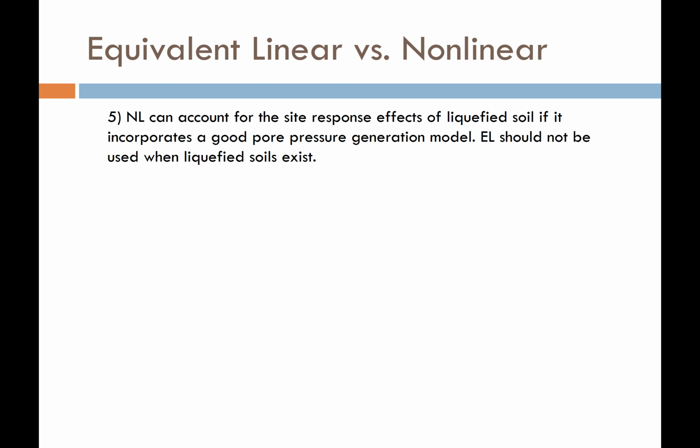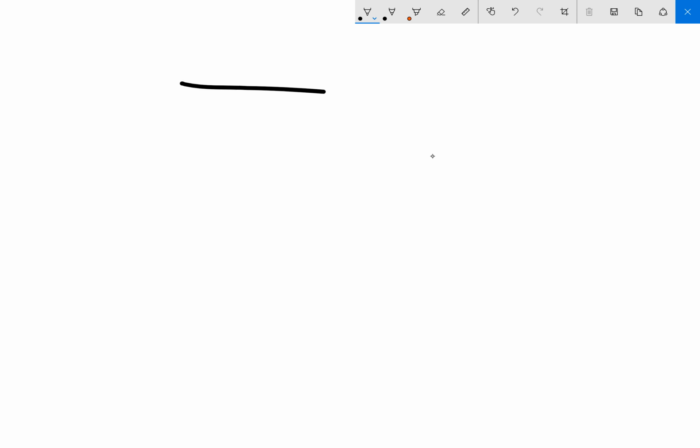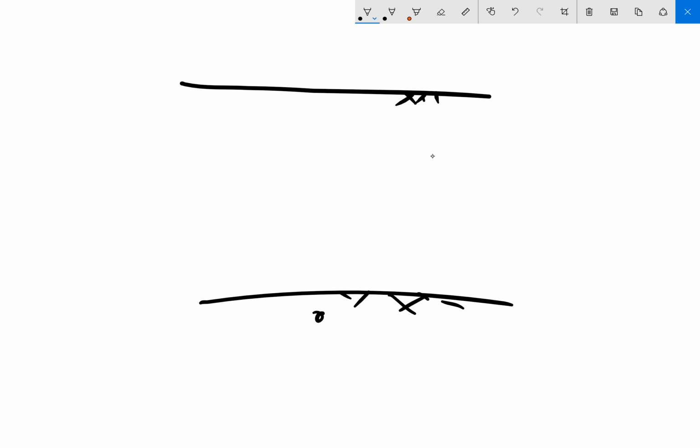Round 5. Nonlinear analysis can account for site response effects of liquefied soil if we have a good pore pressure generation model in there. So in other words, think of it like this. Here's my ground surface, here's my bedrock, and I shake my bedrock and I send a time history up through the soil.